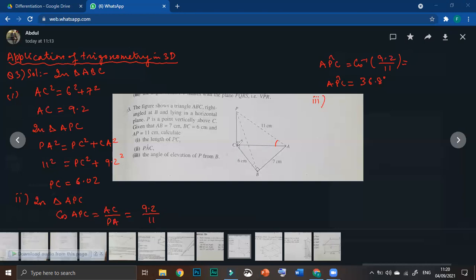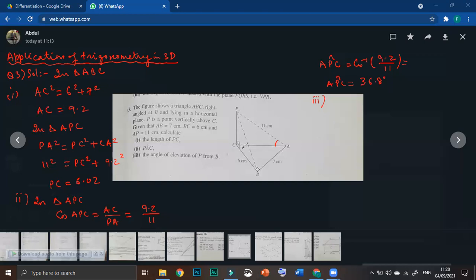Now you can see that BC is on the horizontal line and PC is the vertical pole. Now you can see that in actual, PBC is a right angle triangle.